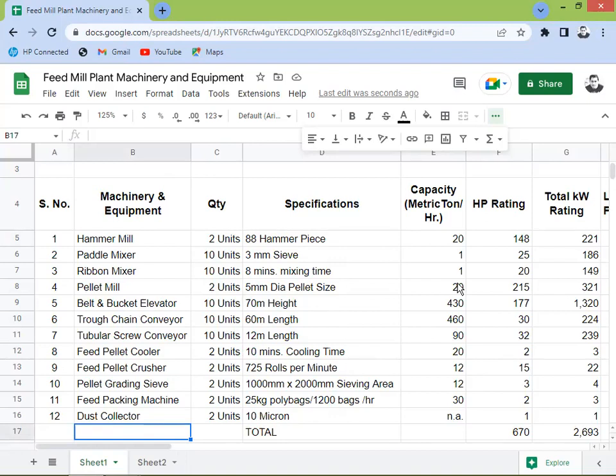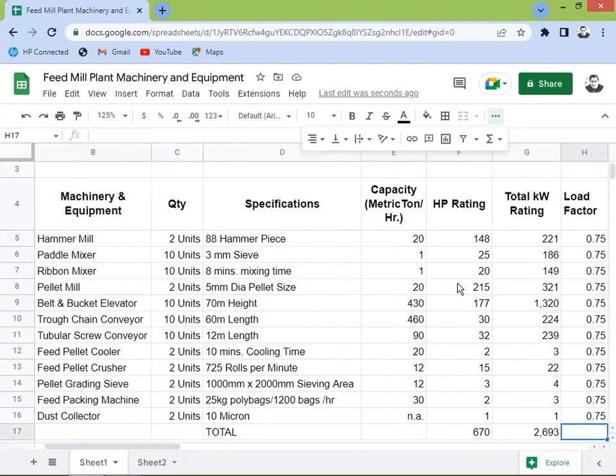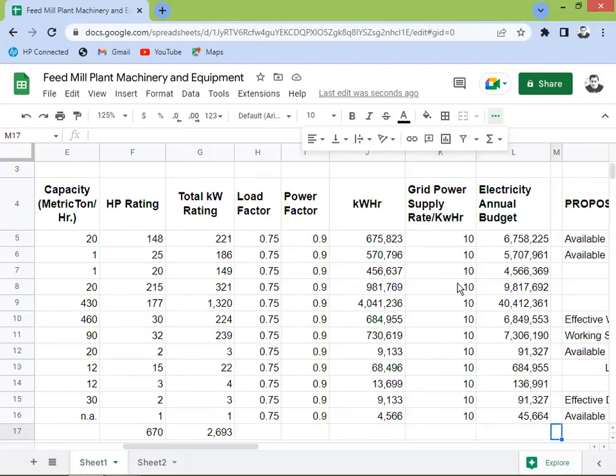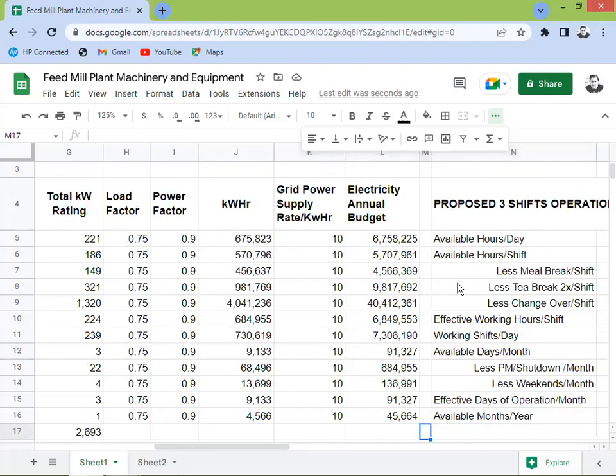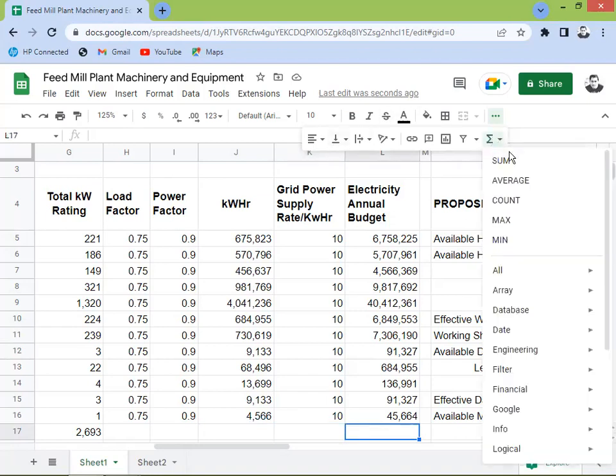I'm just giving you the template on how to calculate the kilowatt hour and the budget that you're going to plan for your annual budget, so you include electricity in your annual budget plan. All right, then let's just get the sum for this.